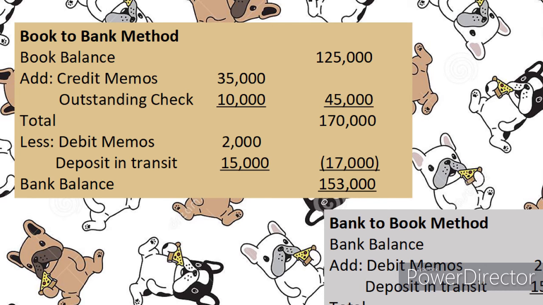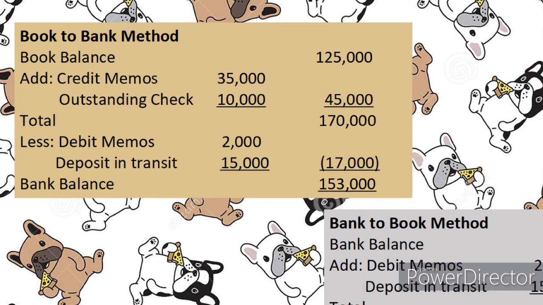You will see in our presentation that the book to bank method starts with the book balance amounting to 125,000, add credit memos amounting to 35,000 and outstanding check amounting to 10,000.